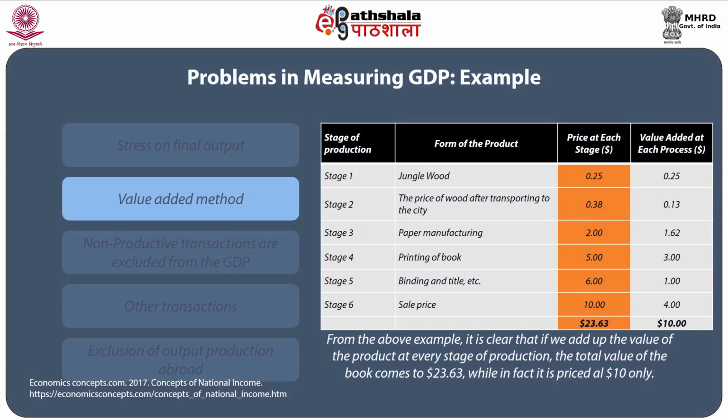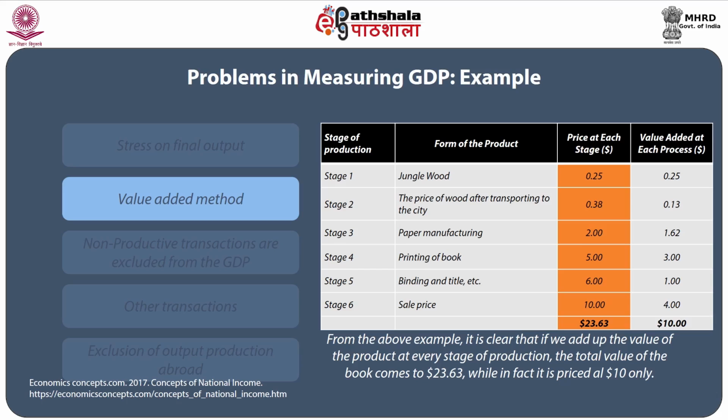avoided. In the example, the left side indicates the stages of production. So, say there are stage 1, stage 2, 3, 4, 5 and stage 6.